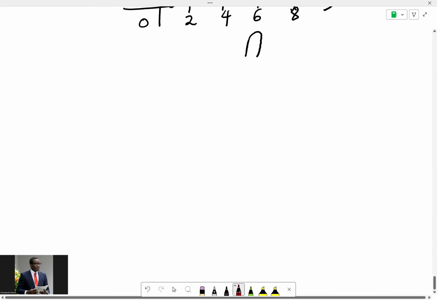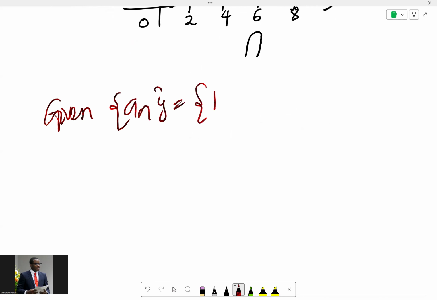So given AN equals 1, 2, 4, 8, 16. Okay, let me just stop here so that we don't go beyond 20.